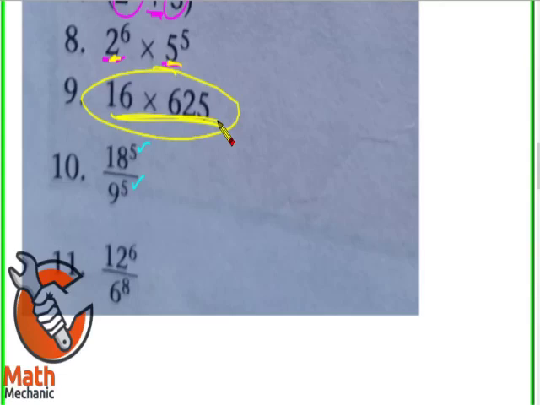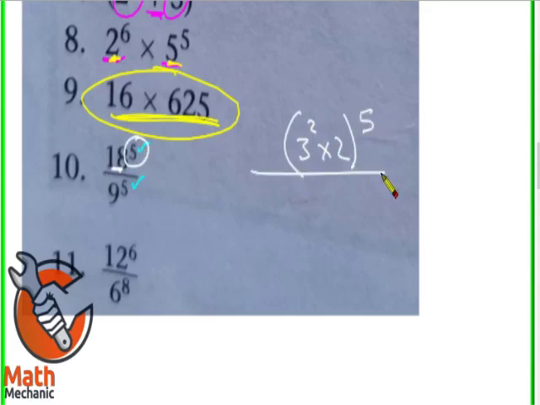But looking at number 10, 18 to the power of 5 is a very big number. 9 to the power of 5 is a very big number. So rather work with your prime factors. So you write 18 as 3 to the power of 2 times 2. Put that in brackets and then add the exponent.